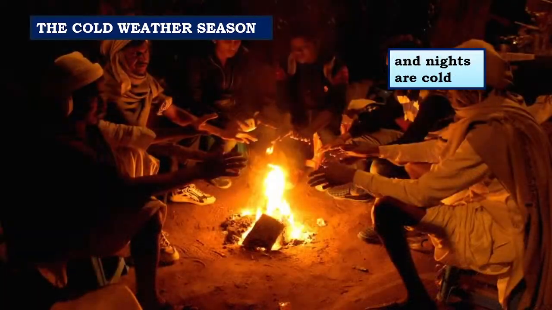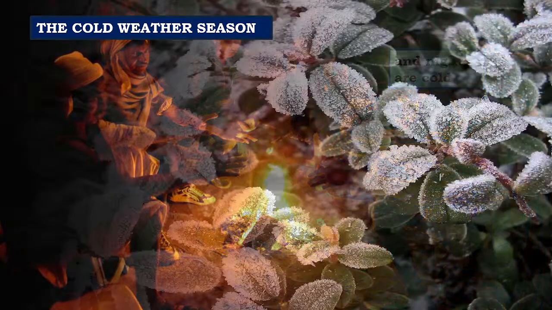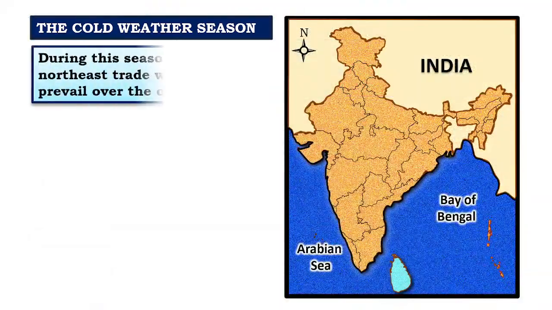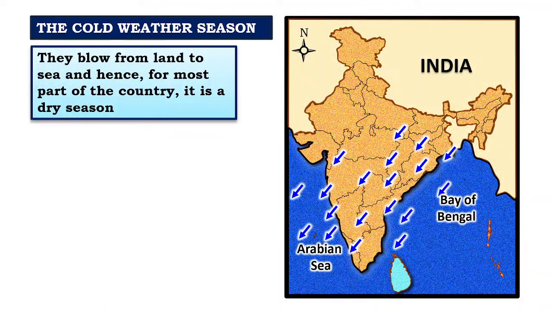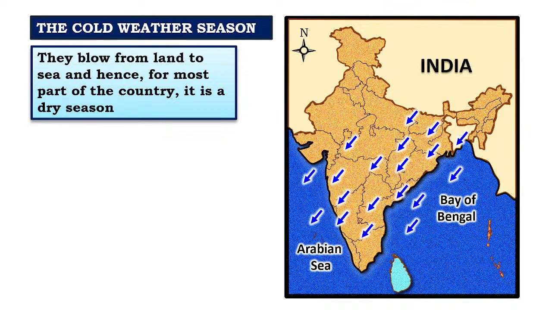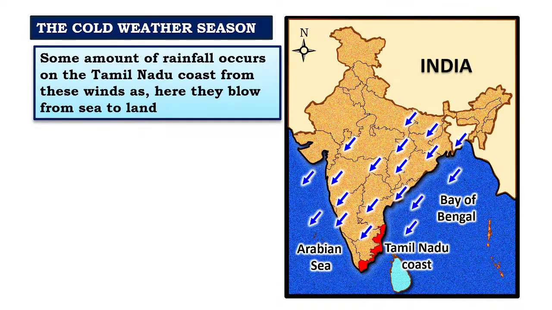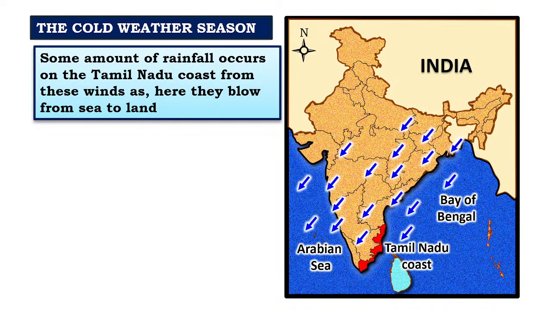Days are warm, okay, and the nights are very cold. Okay, this is the frost situation in northern India during winter, and the winds are blowing, the northeast monsoon wind. On one side here it is cold, on the other side here the winds are blowing northeast monsoon winds. Okay, and now Tamil Nadu is going to get rain. Can you see this? Okay, so when whole of India is shivering in cold, the news will say that in Chennai there is flood.